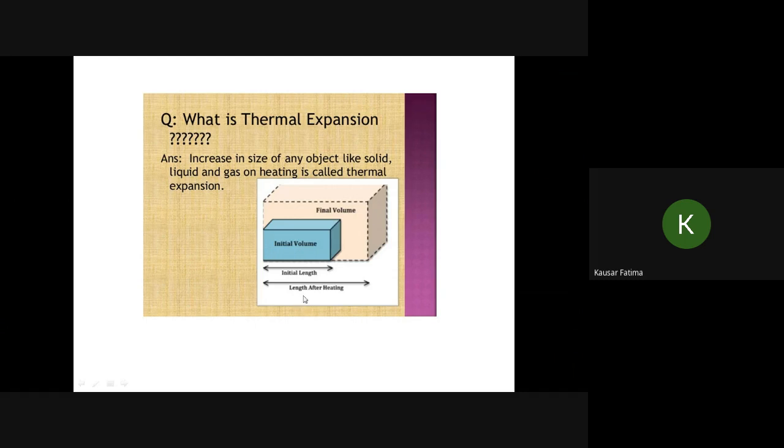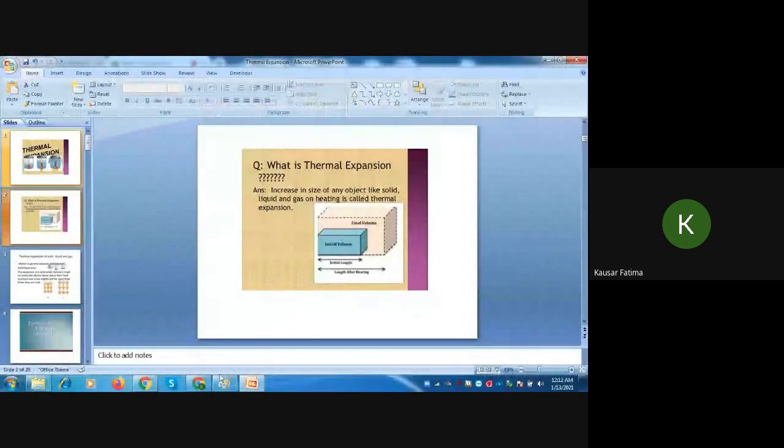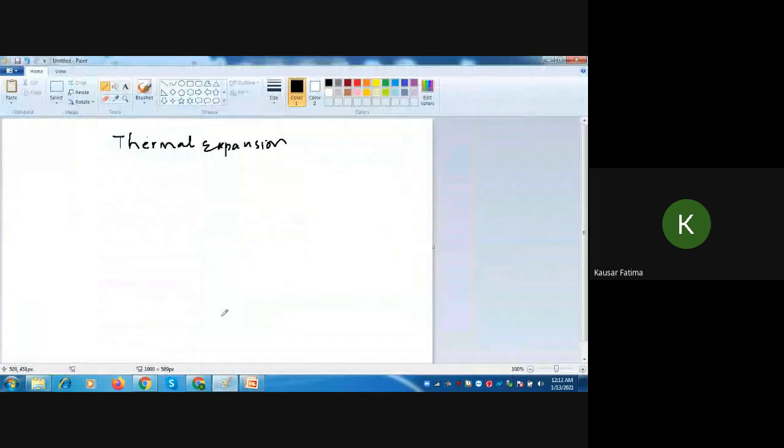So when things expand, of course, volume increases, and when volume increases, mass remains the same, which means density decreases. Okay, because density is mass per unit volume, and when the mass remains the same and volume increases, density decreases. Rho is equal to mass over volume.